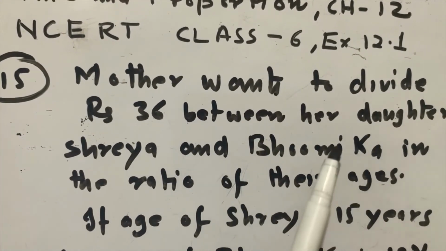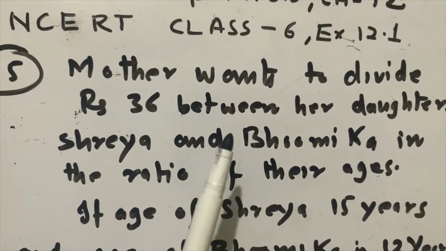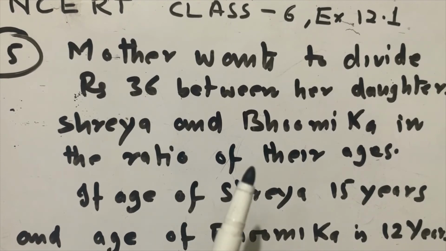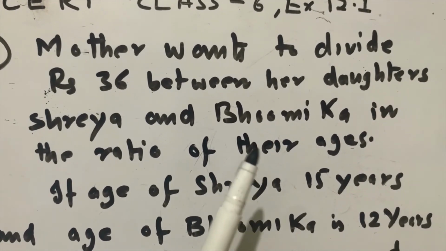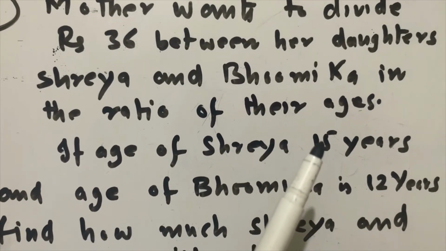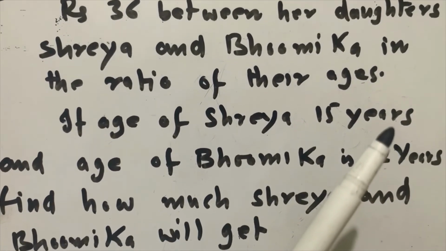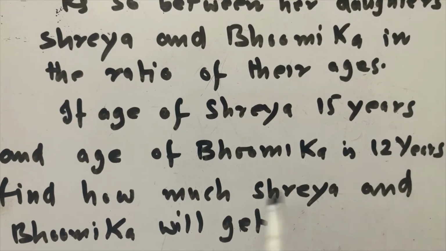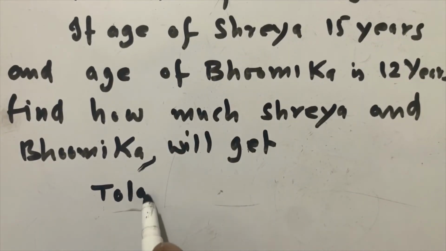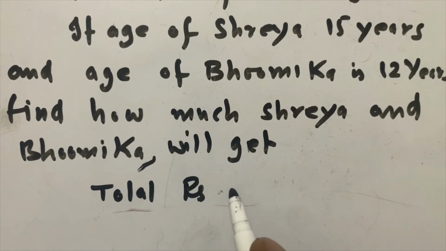Question number 15 of exercise 12.1. Mother wants to divide ₹36 between her daughters Shreya and Bhumika in the ratio of their ages. If age of Shreya is 15 years and age of Bhumika is 12 years, find how much Shreya and Bhumika will get. Now total rupees is 36.